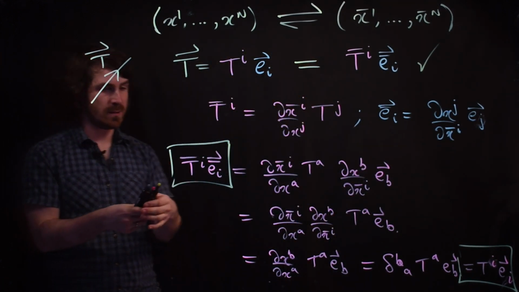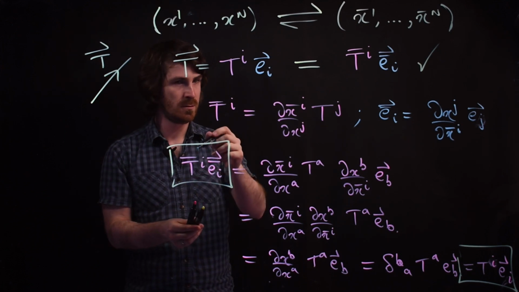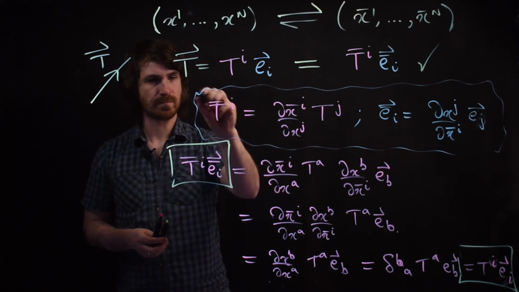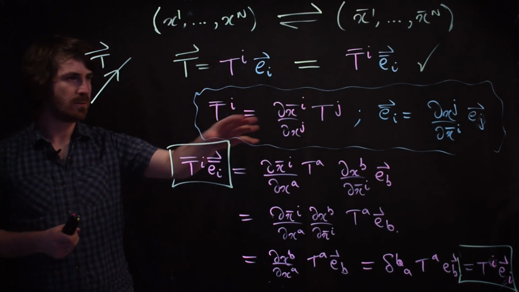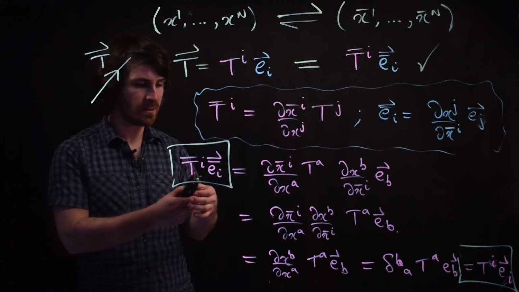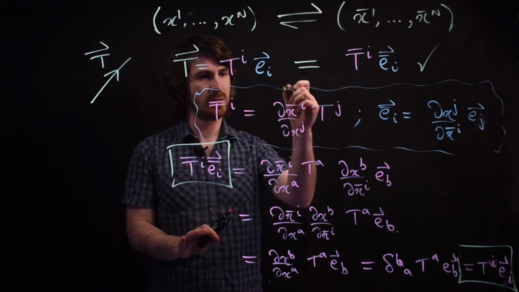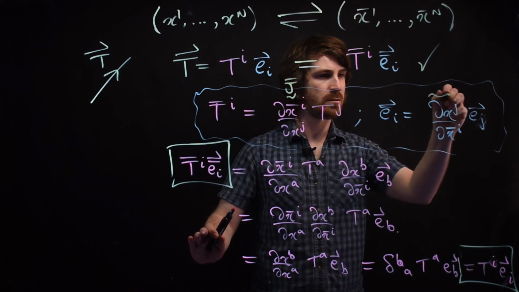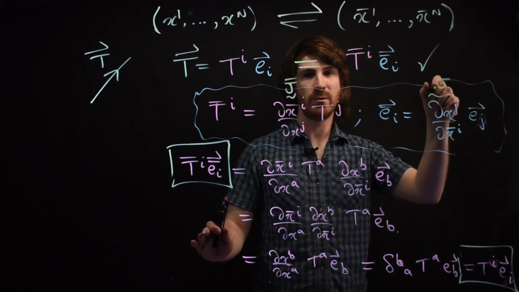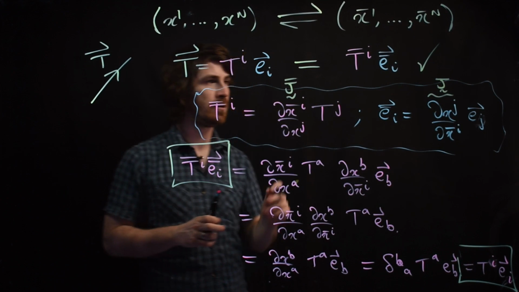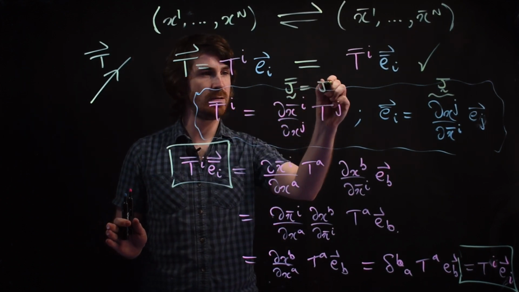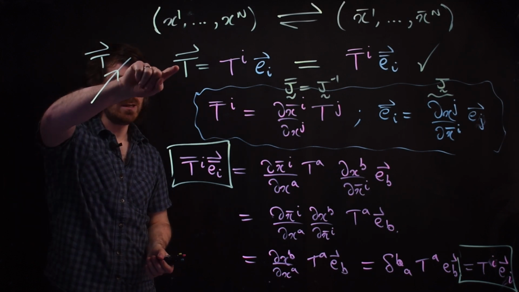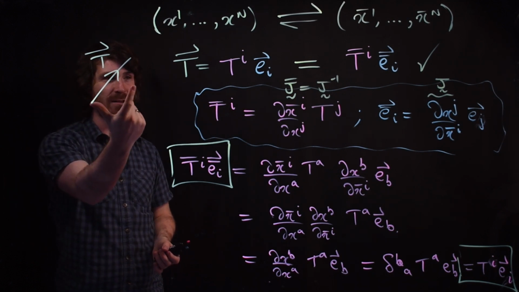The point is that these relationships act opposite to each other. This involves the matrix J bar, and this involves the matrix element of J. And remember, J and J bar are inverses, so this equals J to the minus 1. Our vector T exists independently of any coordinate system.